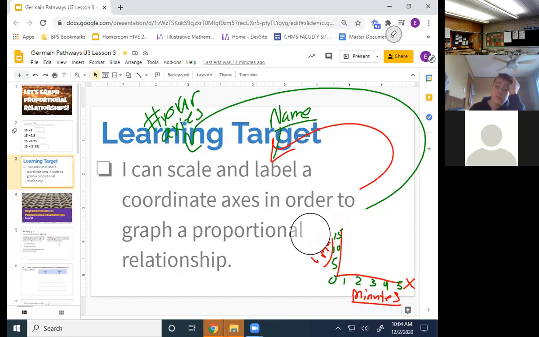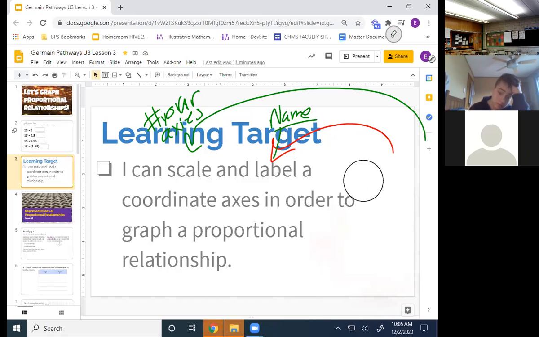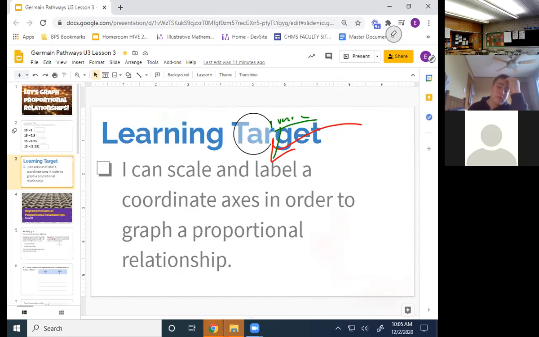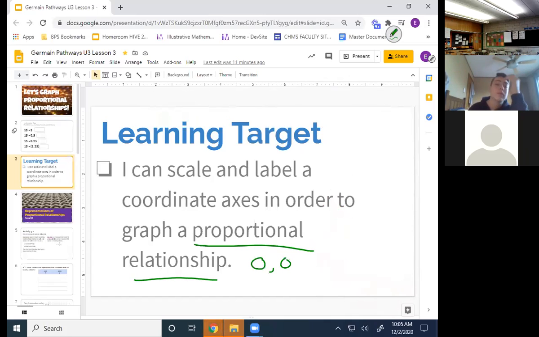And when we're talking about a proportional relationship here, ladies and gentlemen, a proportional relationship means one of two things. First, it starts at 0, 0. On a grid, it goes through your origin. Second, it has a constant of proportionality.